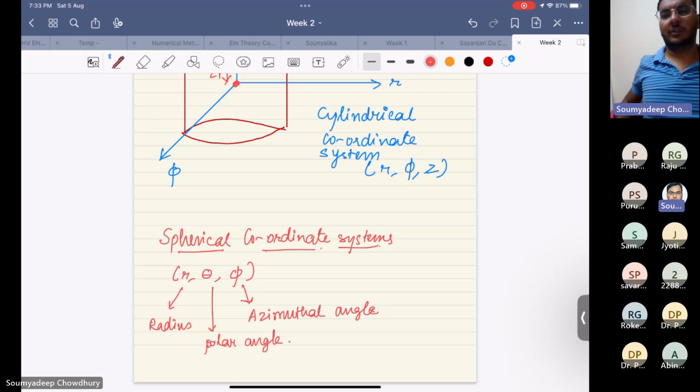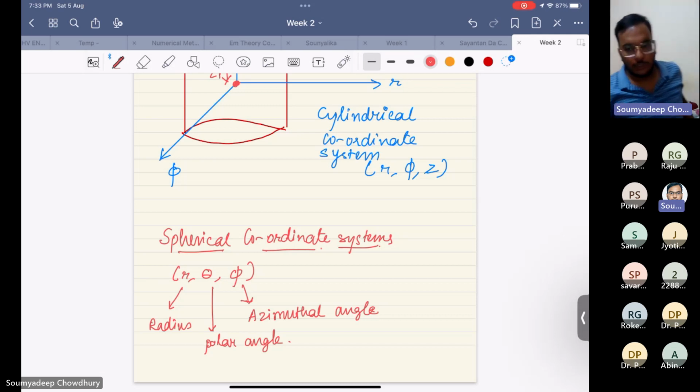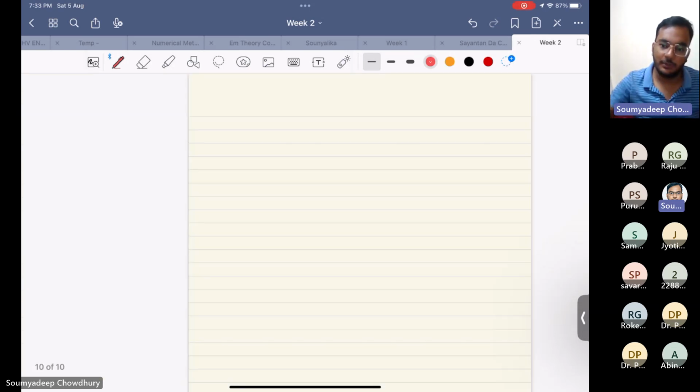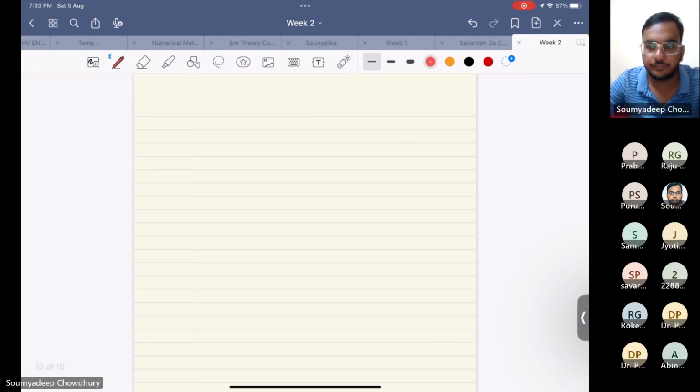So this is very difficult to imagine actually. If you think of a sphere, just take a ball and you will see any point within that ball, you can represent it uniquely by the radius of that point within that ball and the angles. There are two different kinds of angle. I'll try to explain if it is possible.